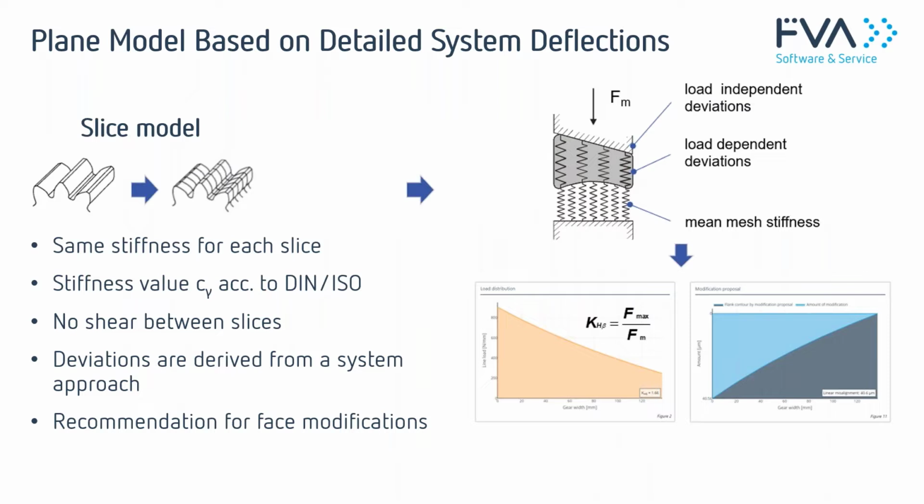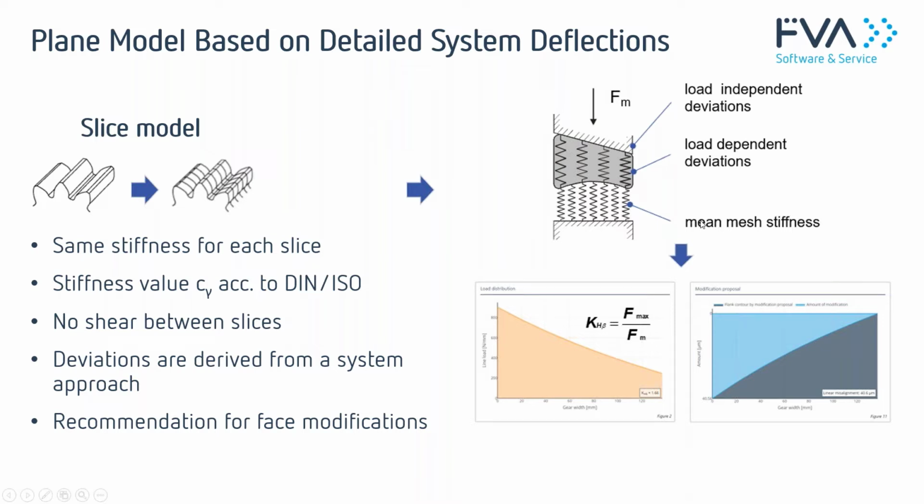The next, a little more detailed method is that we still use the simplified slice model from DIN or ISO, where we have divided the face width into different slices, and also have different springs along the face width.